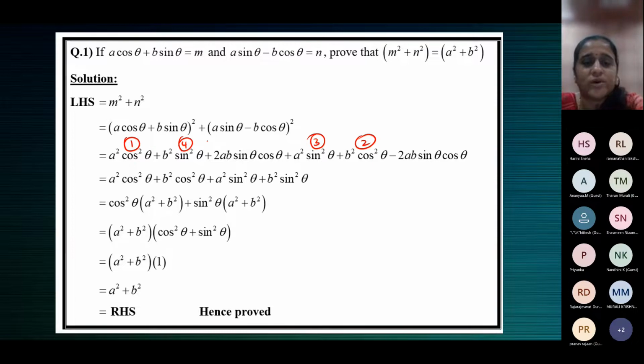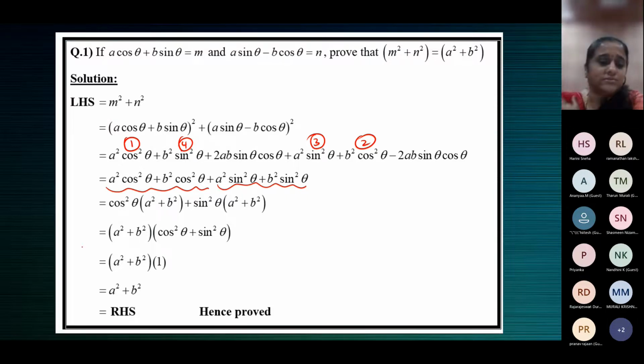Between A square cos square theta and B square cos square theta, cos square theta is common. So I've grouped them. And between A square sine square theta and B square sine square theta, sine square theta is common. You can also group in such a way that you take A square and B square common.